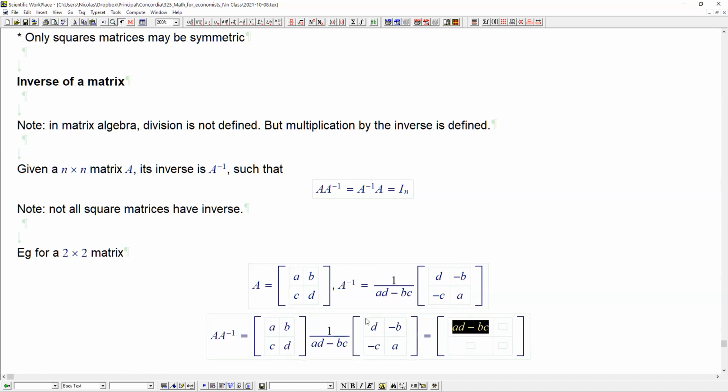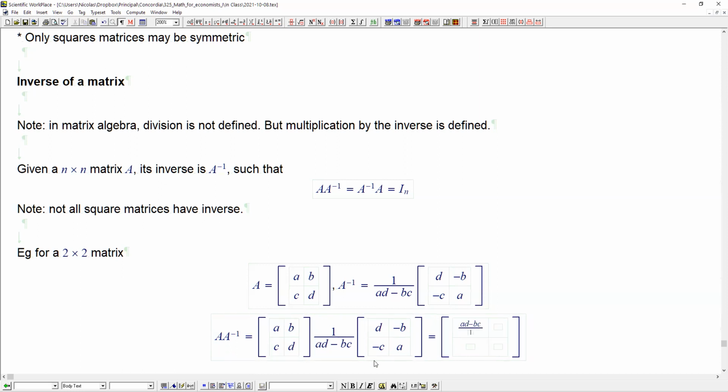So you see A times D and B times minus C, so AD minus BC, divided, of course, by AD minus BC. Second element, A minus B, and then second it's D, BA, sorry.